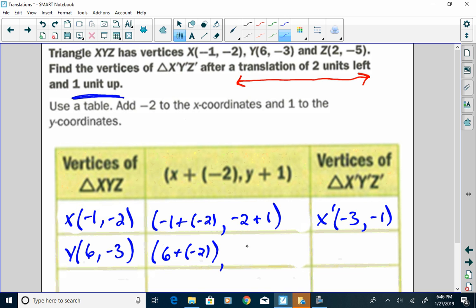To find the y value of our image, we take the original y value, which is negative 3, and add 1 to that. So the location of Y prime: 6 plus negative 2 is 4, and negative 3 plus 1 is negative 2.